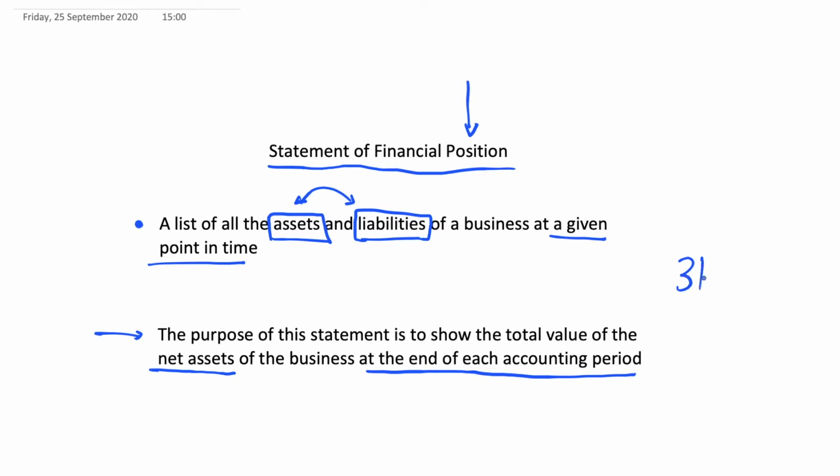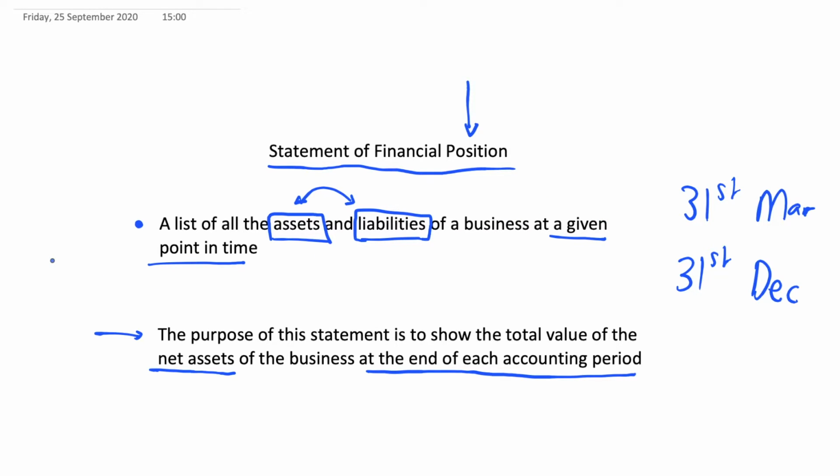We often might see this as the 31st of December, which also happens to be the end of the calendar year, but we can also see businesses that see the end of their accounting period on, say, the 31st of March, or different businesses and different companies or different countries have different norms as to when their accounting period ends, so it could be on any date really, but these are some of the more common ones we see.